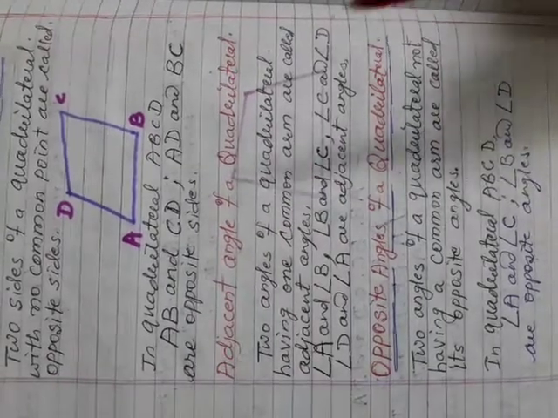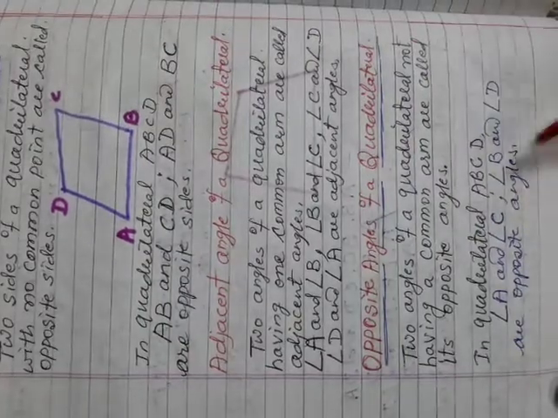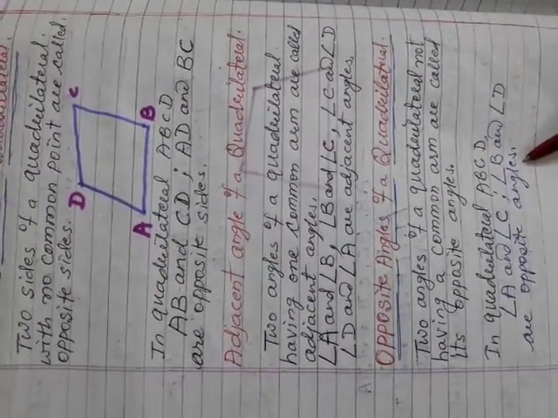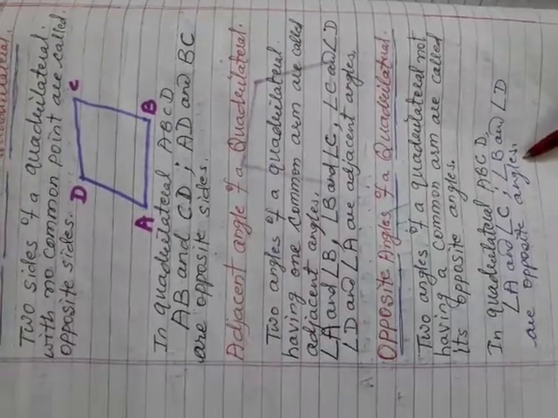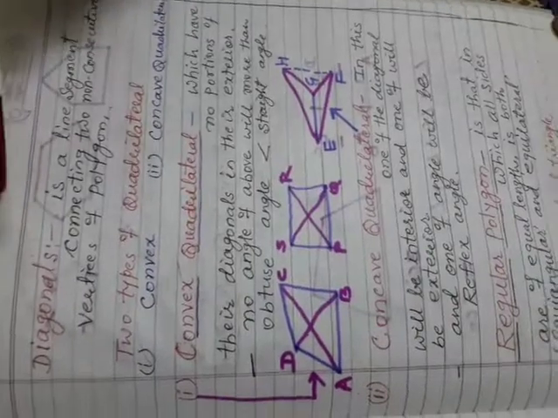In this above quadrilateral ABCD, angle A and angle C, and angle B and angle D are the opposite angles, meaning two pairs of opposite angles are there. Now another part in the quadrilateral: diagonals.